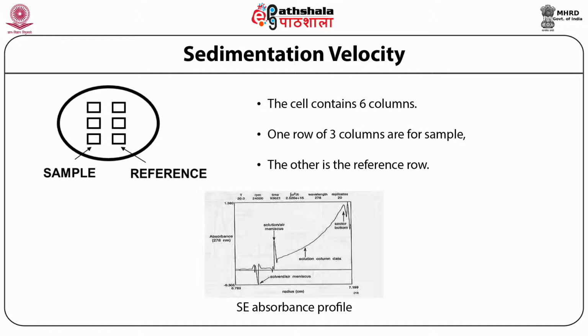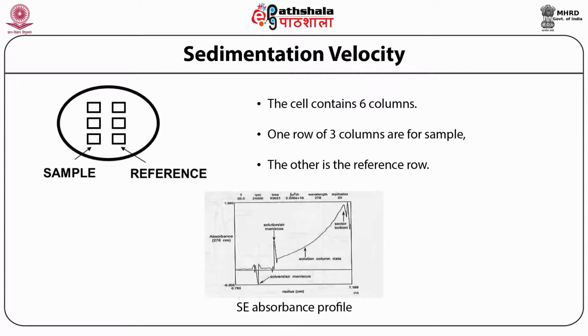For the sample columns, the concentrations are varied, usually from 0.25, 0.5 and 0.8 optical density at 280 nanometers, or the same fraction of absorbance at any selected wavelength, where the wavelength is monitored by the analytical ultracentrifuge.